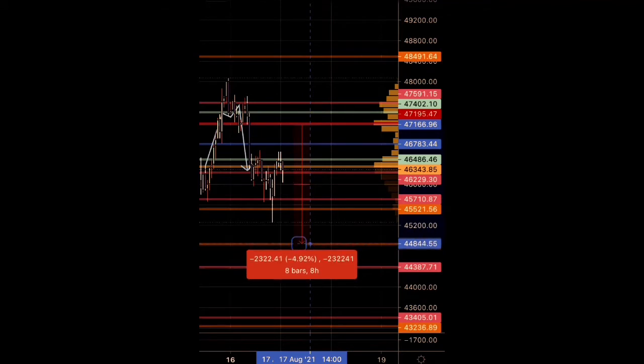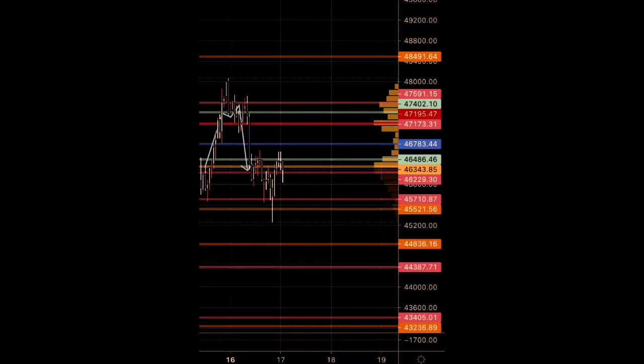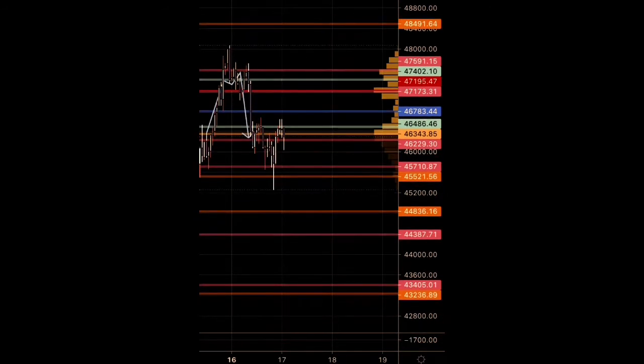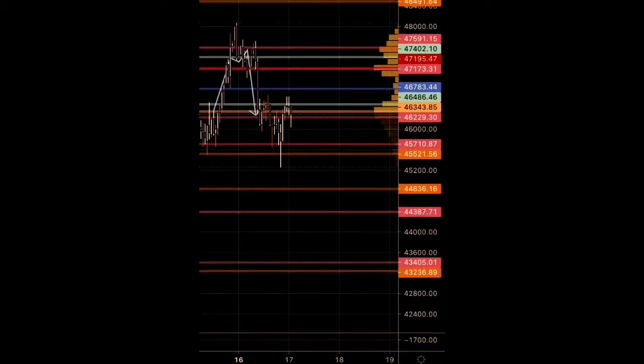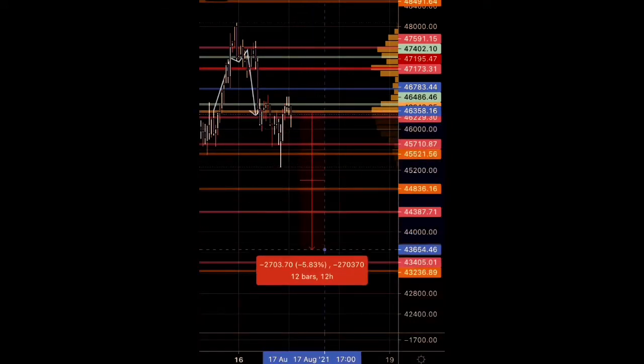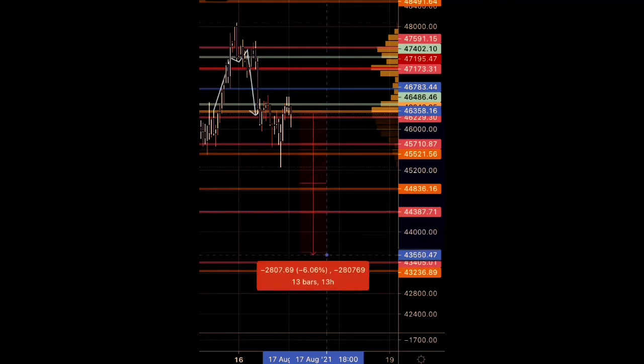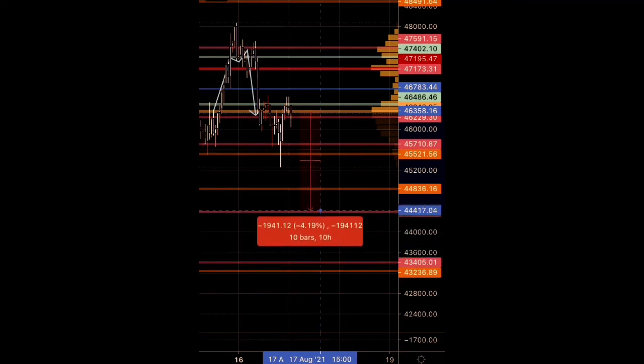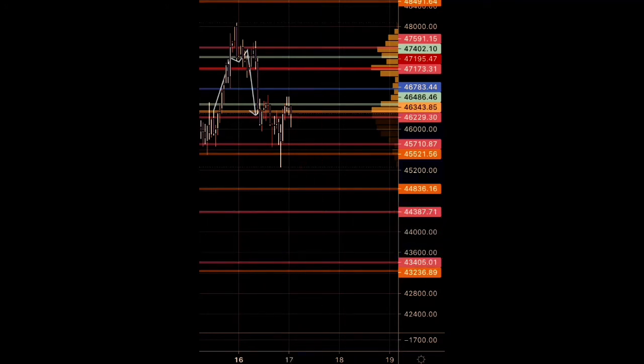And here we have a concentration of volume above where price is now, also corresponding with another point of control. So in following the pattern, I'm going to assume that traders have been trapped at 47,000 and 46,400, and we're going for those pain points.